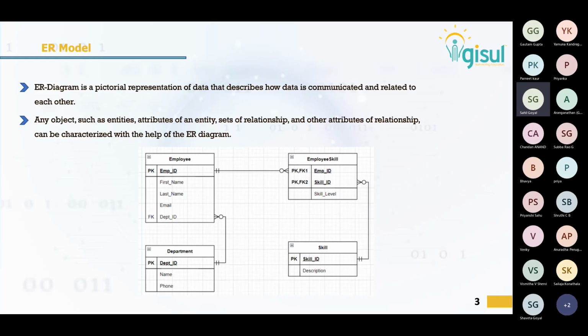The ER model is really very important if you want to start your career in the field of database designing or SQL development or database development. You should be very thorough about ER modeling, because at any given point of time, you might have a source system. Okay, when I say source system, for example, I'll give you the data, and in that data you have 10 different tables, and I would ask you to redesign the database.